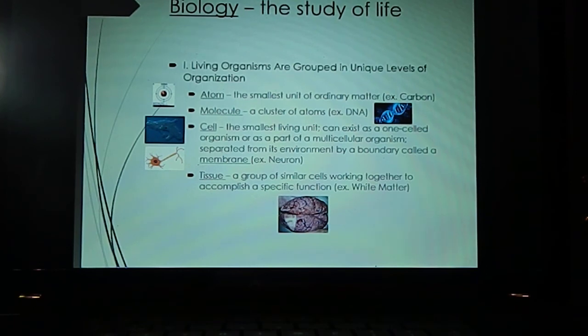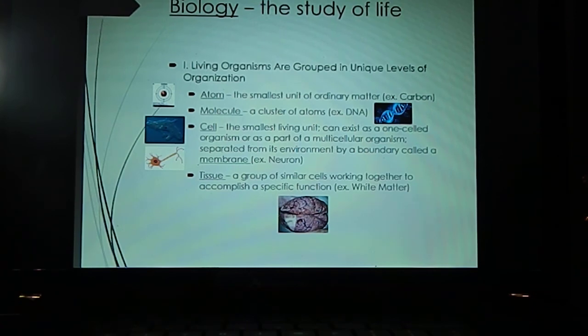And if you take several atoms and you put them together, or a cluster of atoms, then you have a molecule. There are many diverse types of molecules in nature, and a lot of them are within organisms.